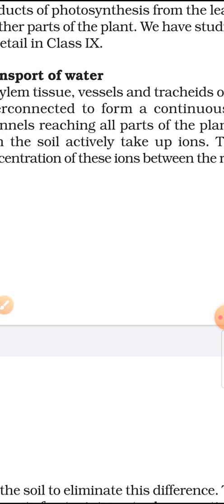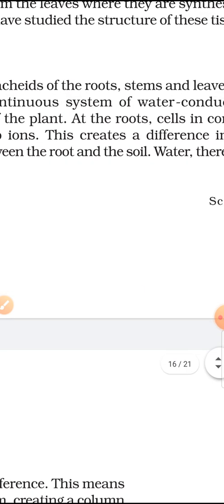There is a concentration difference outside, that is, in the soil we have more concentration of ions, so from the soil the ions will move into the root cells, creating a difference between the roots and the soil.